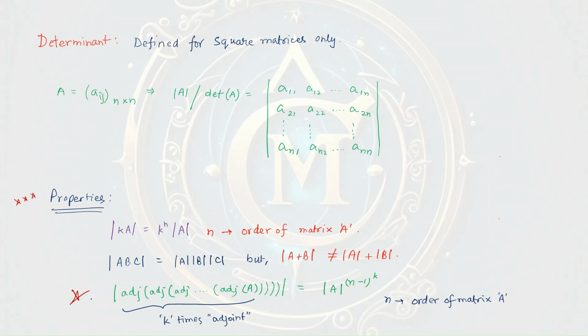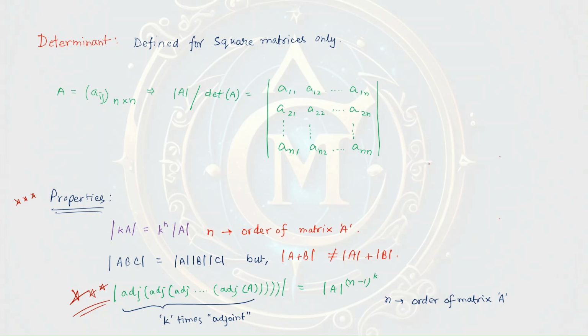Now this property is very important because questions have been directly asked on this property. You need to keep this property in your tips. Here, the adjoint of adjoint of adjoint and so on of A, this whole matrix, and then we take the determinant, is equal to determinant of A to the power n minus 1 whole to the power k.